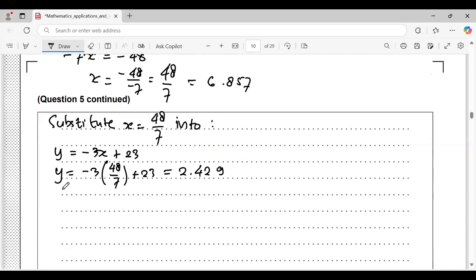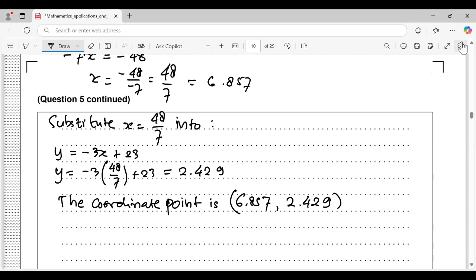So the coordinate point (x, y) is (6.857, 2.429).